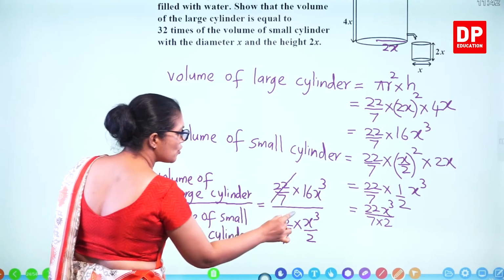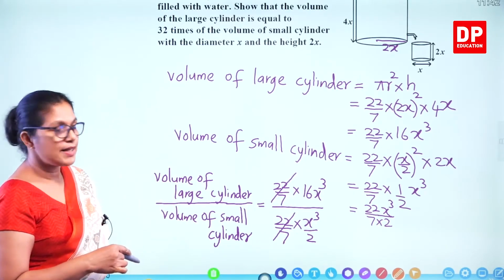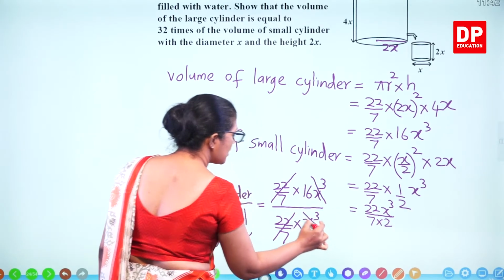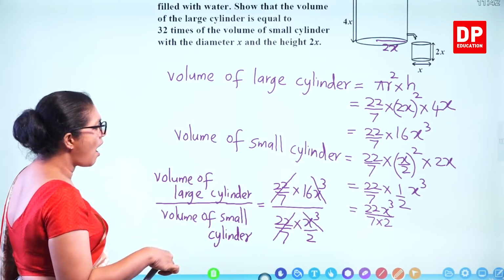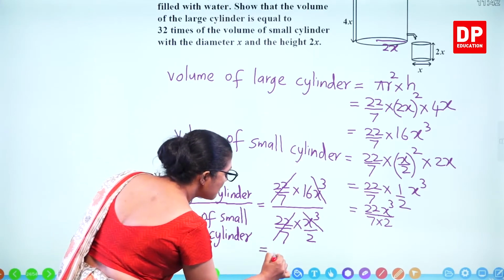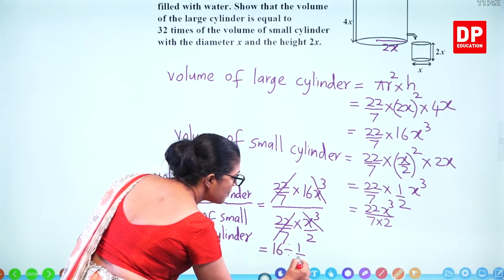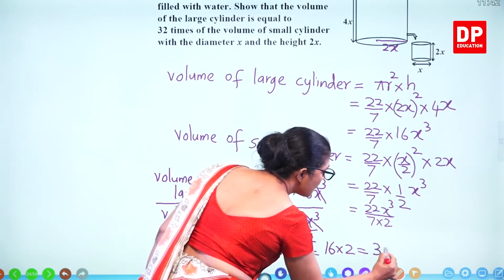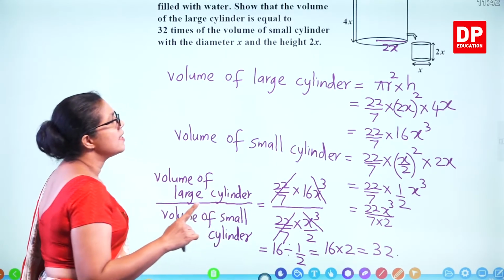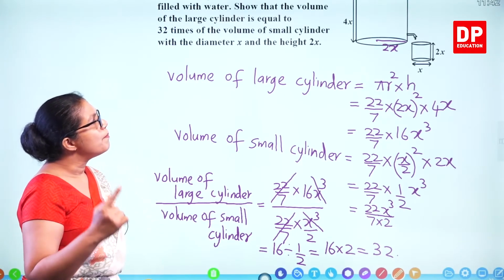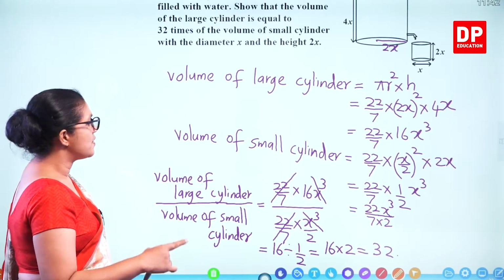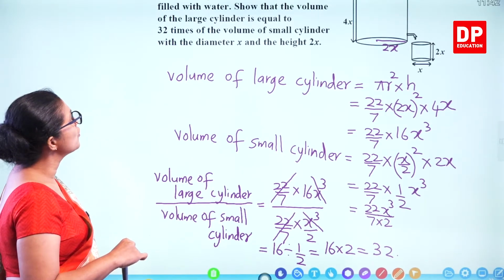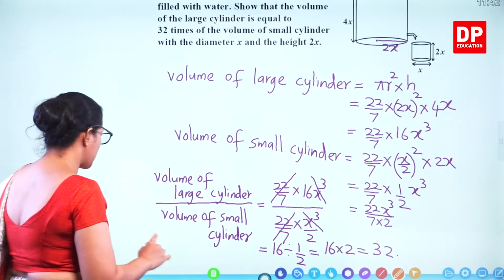Can you see? 22 over 7 gets cancelled out. This x cubed gets cancelled out. 16 divided by half. So what is 16 divided by half? That means 16 multiplied by 2, you get 32. So this means the volume of the big one is 32 times the volume of the smaller cylinder. So that's the first part.